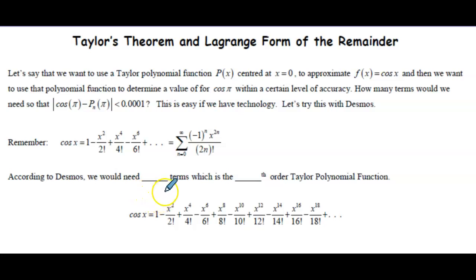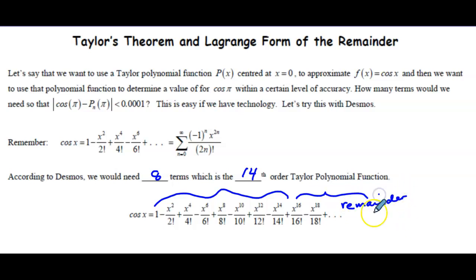And so basically, we would need 8 terms, okay, in order to approximate this to that degree of accuracy. And so that ends up being the 14th degree. Okay, so basically this part here is accurate within that value, and this would be considered sort of your remainder. Okay.